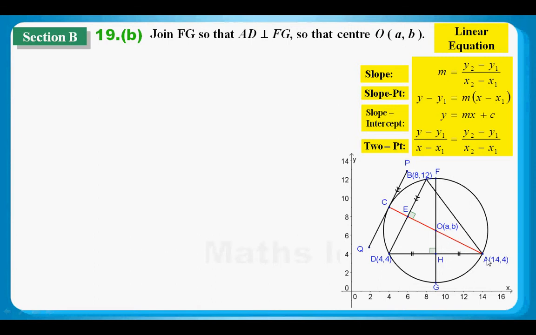Now look here. We have to find H first, because H is the midpoint of AD, so I can easily find the coordinates of H.